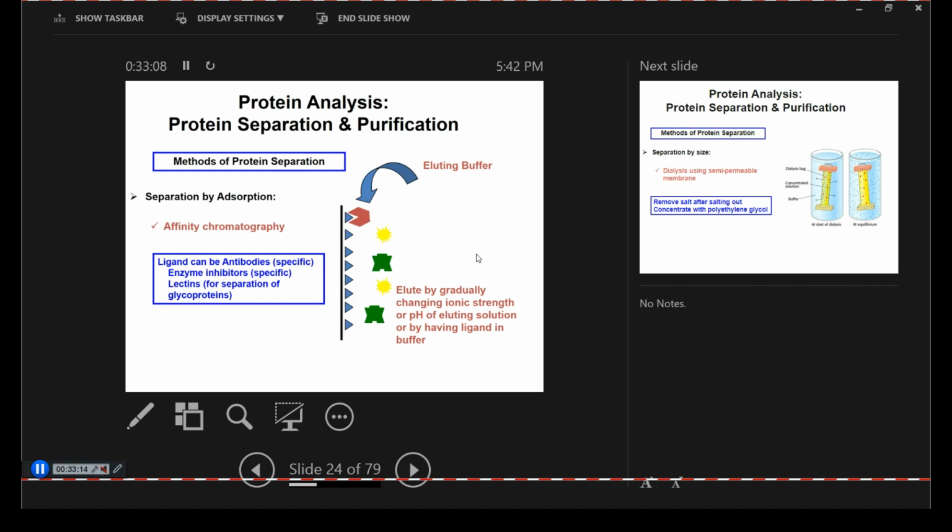Or I can add these little triangles or ligands in my mobile phase. If I add mobile phase with these kind of ligands in it, then this will start interacting with the ligands in the mobile phase, and it will leave eventually with the mobile phase.